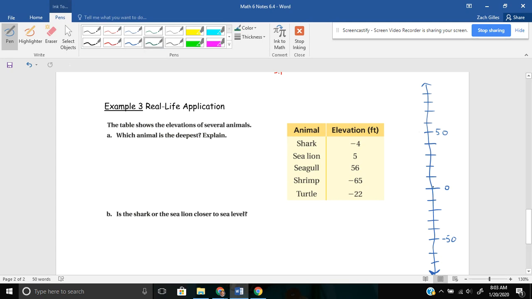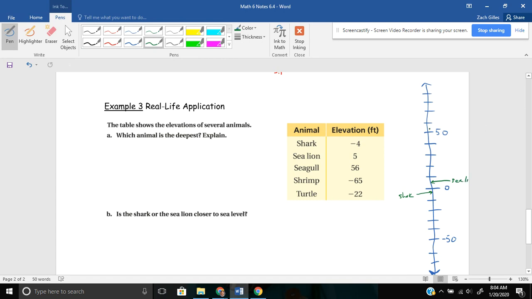So my shark is at -4, so if this is -10, it'd be right around half. I'm just going to use arrows then. Sea lion's at 5. Okay.